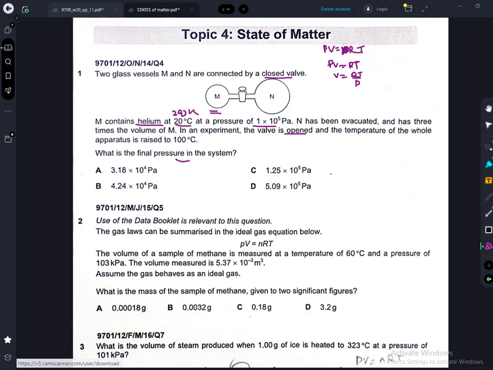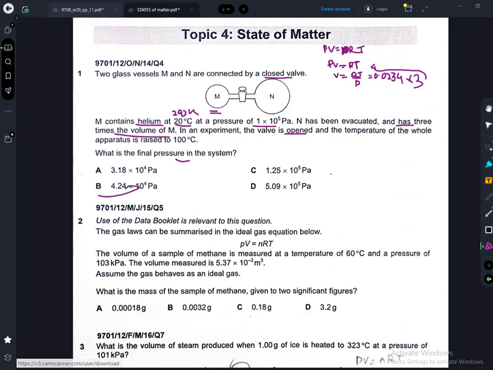So the volume equals 0.0234. Now N has been evacuated and has 3 times the volume of M. So you simply multiply this by 3 and put this back into this expression. You will get your answer as B.